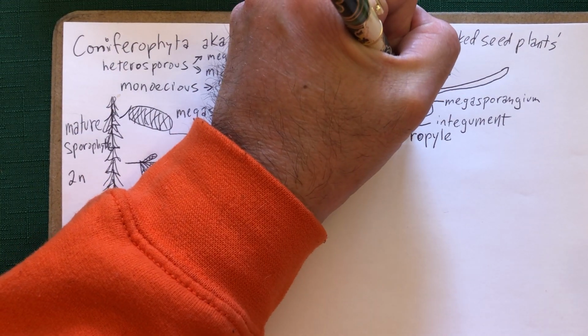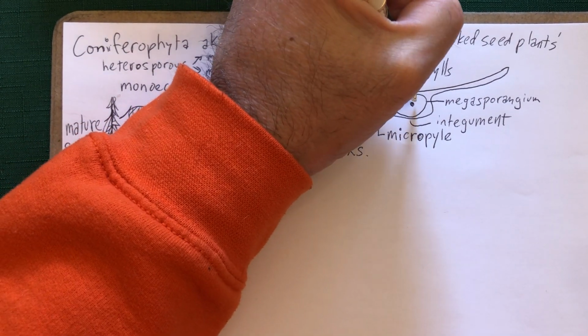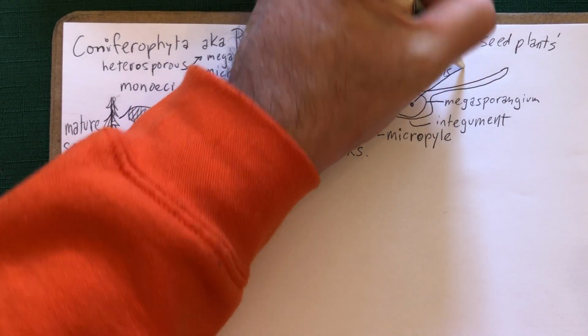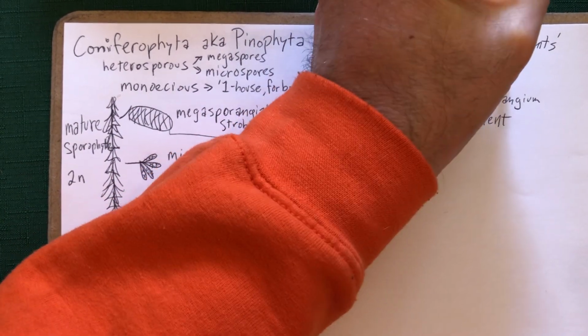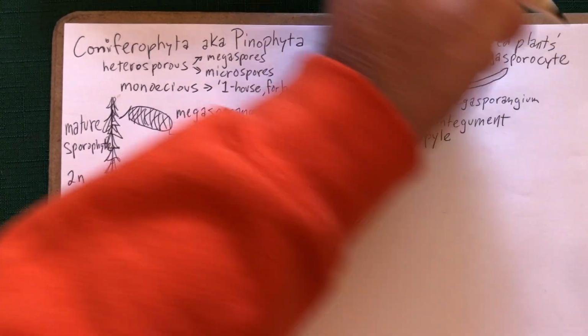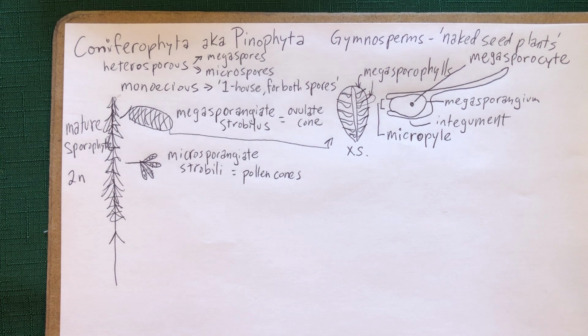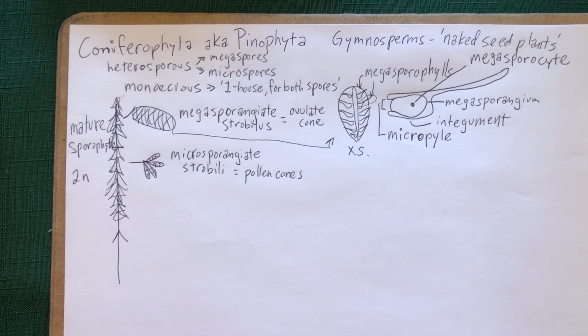Okay, also inside of this Megasporangium, we're going to give it a dot there. And that dot is a very important dot because that is the megasporocyte. And the megasporocyte, ending in CYTE, that tells you that it's some kind of cell.